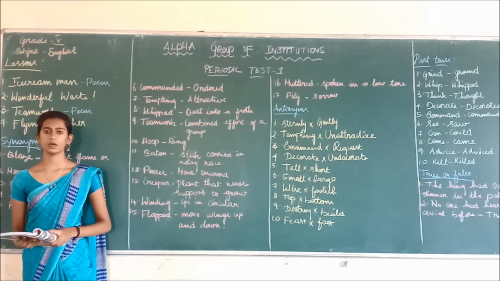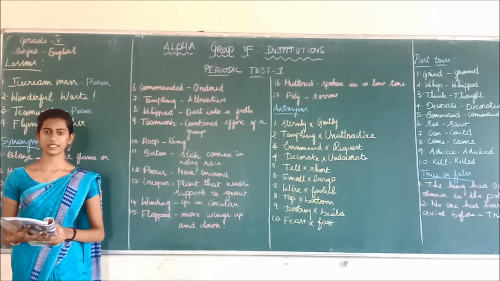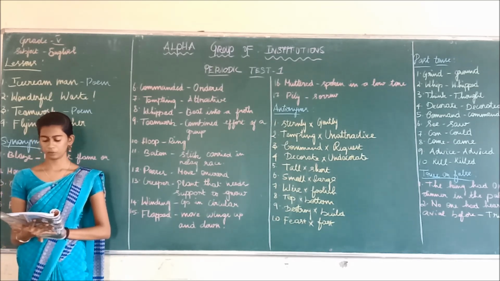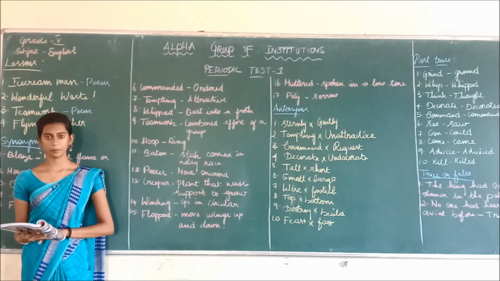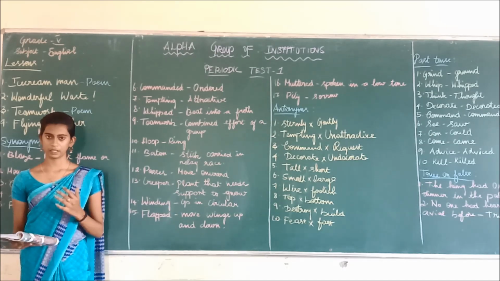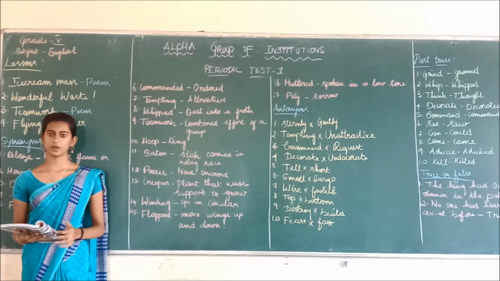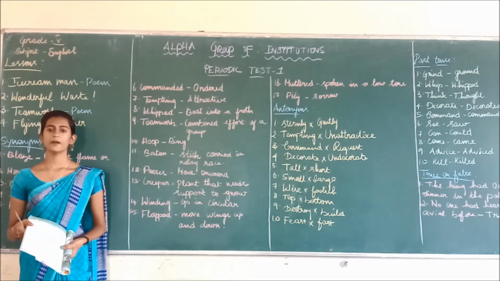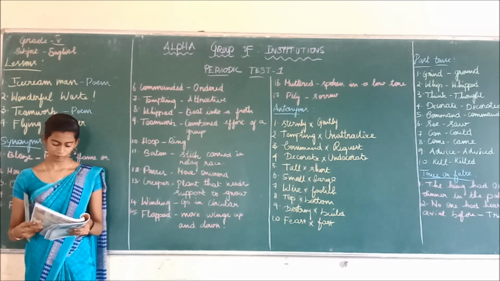So the geese felt very safe staying in the tree. He noticed a small creeper at the foot of the tree. So the old bird noticed a small creeper growing at the foot of the tree, and he advised the other geese to cut it before it grows.